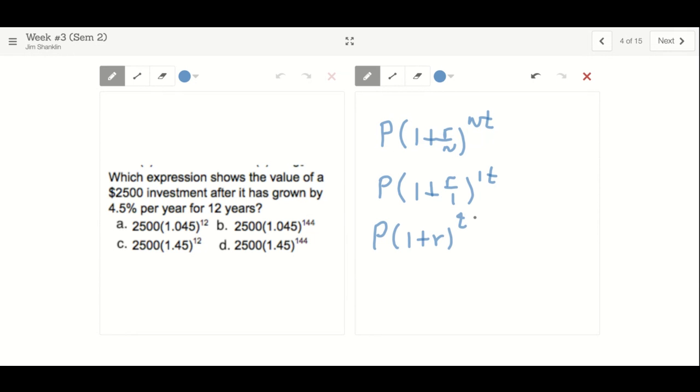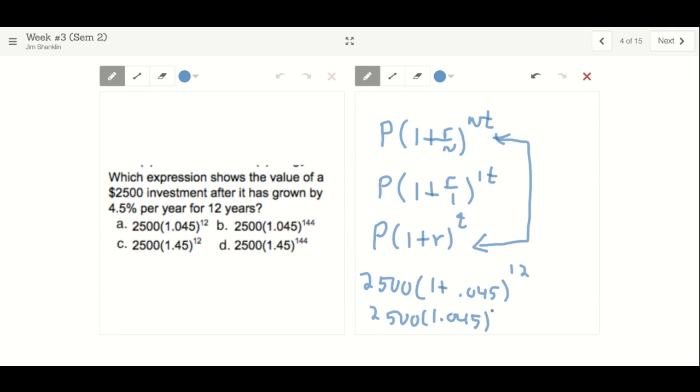If N is 1, then this compounding formula just turns into this. So in this problem, I've got my original value is 2,500, 1 plus my interest, so that's 0.045, and after 12 years, so then if I rewrite this, I've got 2,500 and then 1.045 to the 12th power.